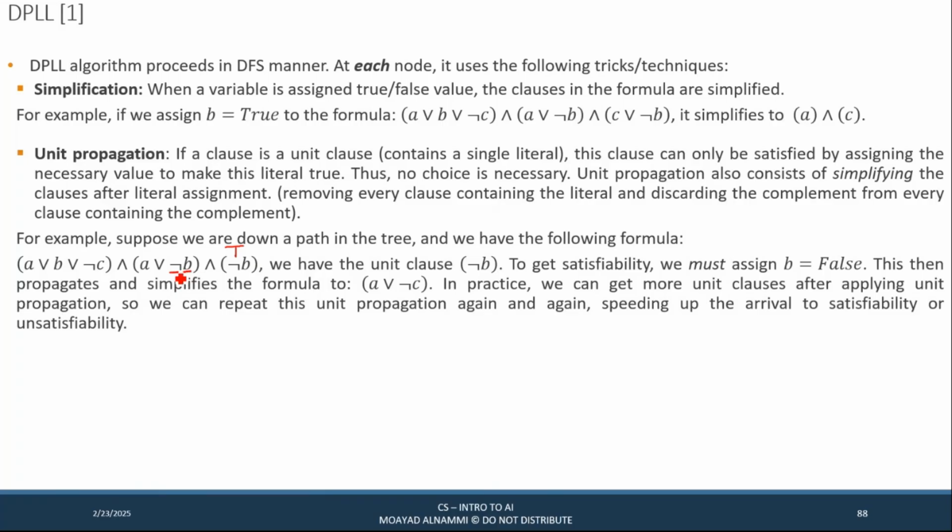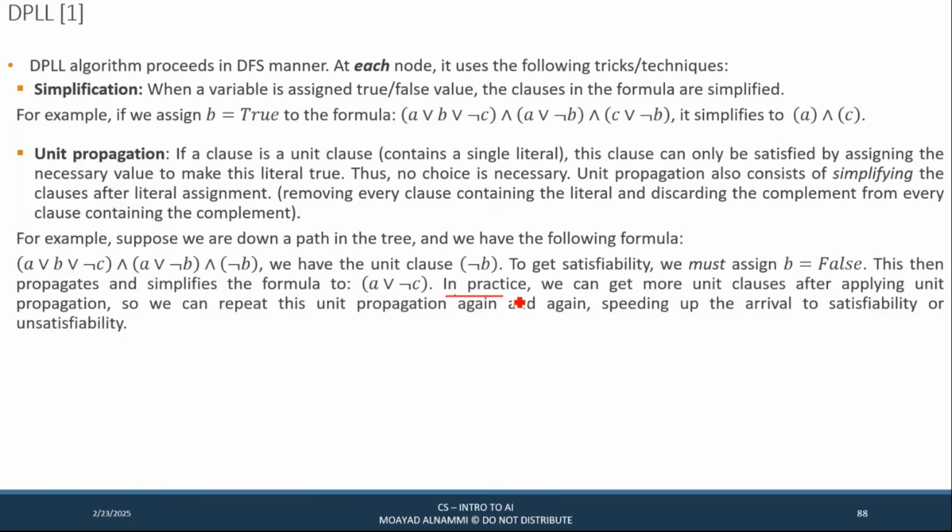And then we notice that this can also become true, and we can simplify this formula to just A. Then this becomes false, and we can simplify this formula to A or not C, right? Sorry, this formula will evaluate to true. So you have true, true, and then this becomes A or not C.